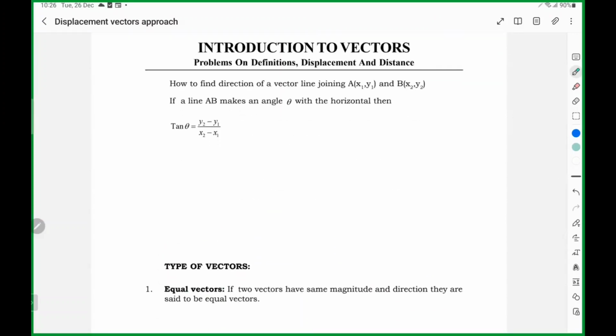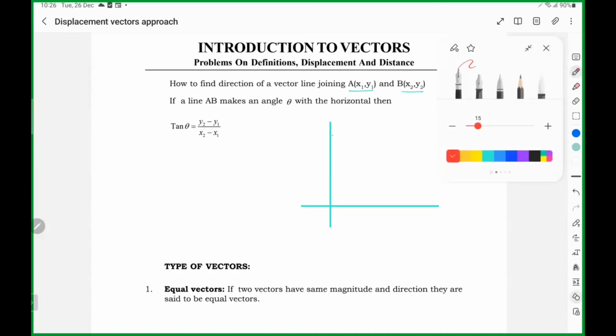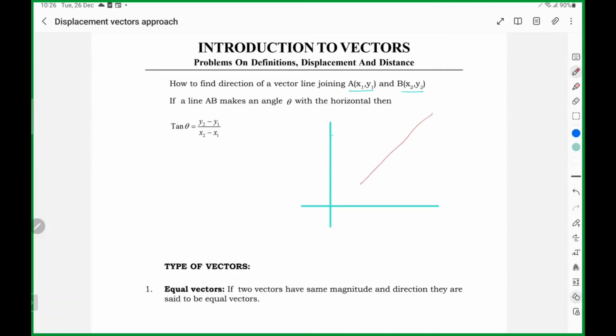And here, if 2 points are given, how do we find the direction it makes with the horizontal line? So it is a line passing through 2 points. What is the direction it makes with the horizontal?